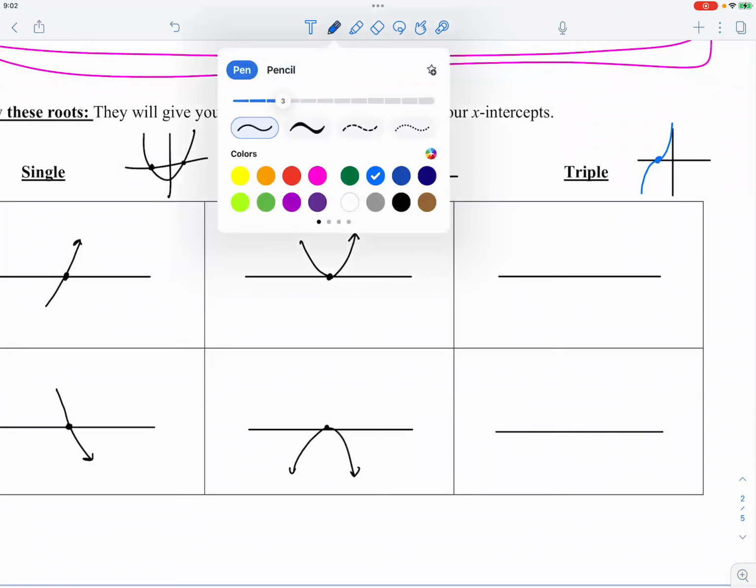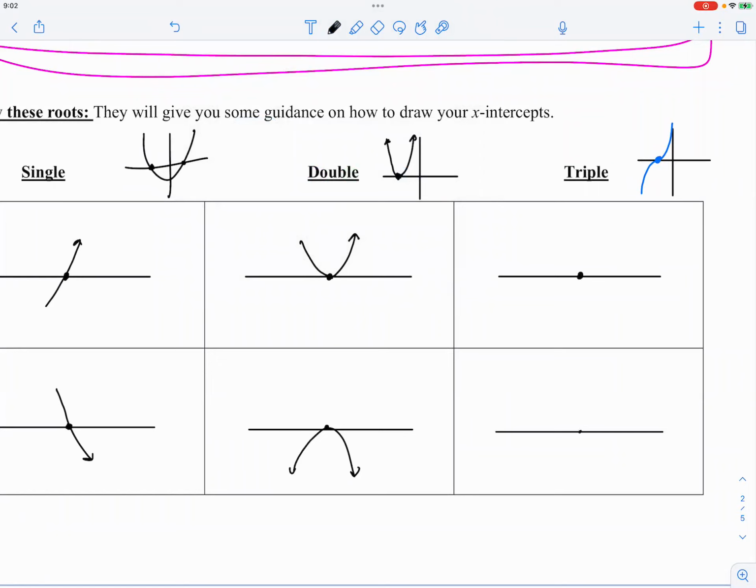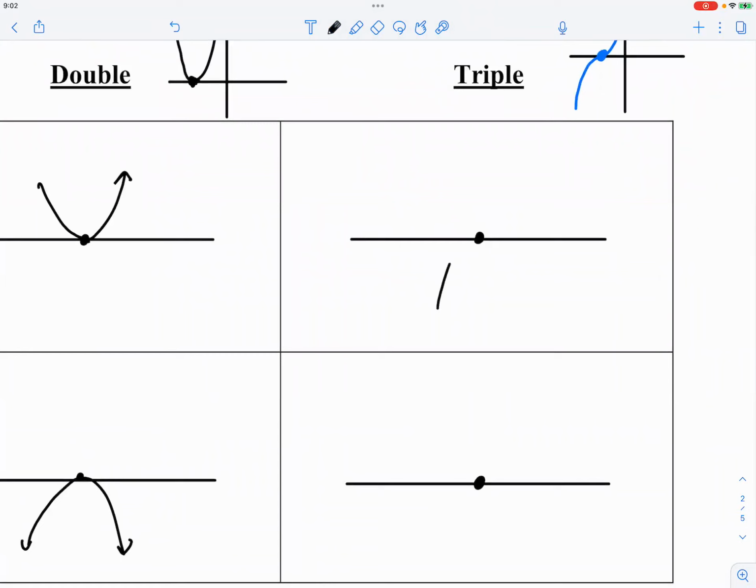So if it happens to be a cube in the numerator, then as it approaches the x-intercept or the root, it will go something like this to the positive side, or like this to the negative side. Again, there is nothing really new that we are trying to show you here. It's more of a show and tell, saying, hey, you've got something that you need to take care of.